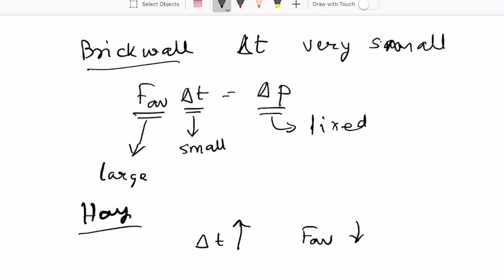So the bungee cord will stretch and bring you to a much gentler stop over a longer period of time. So with the bungee cord, your delta t is going to be much larger and your F average is going to be much smaller, right? So that's another example of that. There are many other examples too.